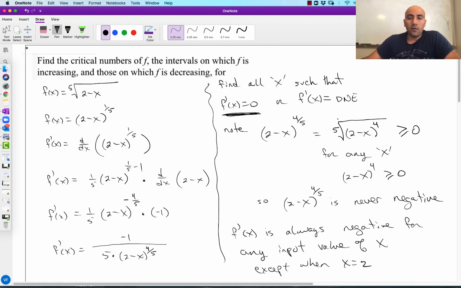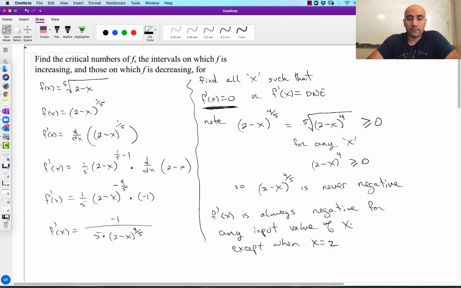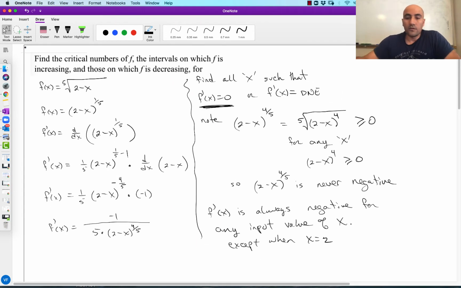Okay. Well, what about this one? Well, we just established that when x equals 2, we'll get a 0 in the denominator. And so therefore, we'll have a fraction where the denominator is 0. And that's where we'll have a does not exist. Okay, so note that f prime of 2 is equal to -1 all over 5 times 2 minus, let me put a blank here, to the 4/5 power.